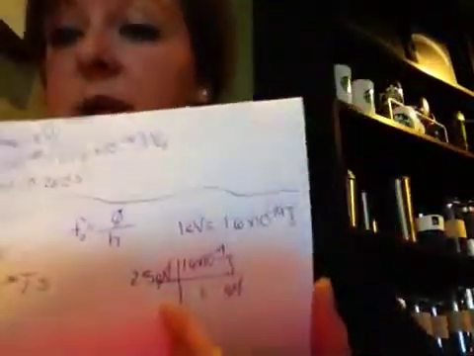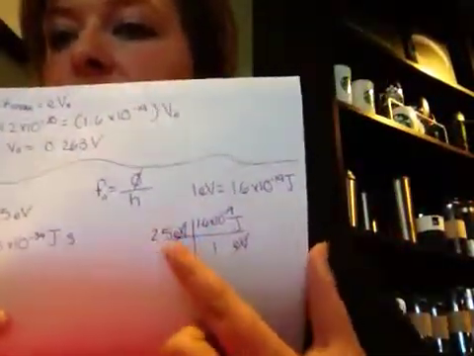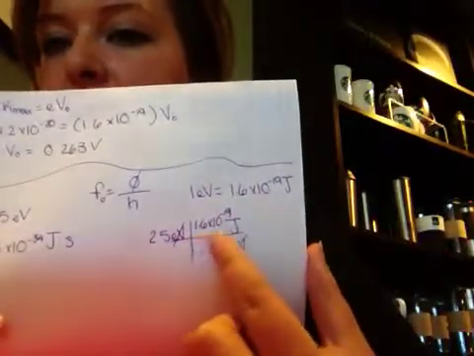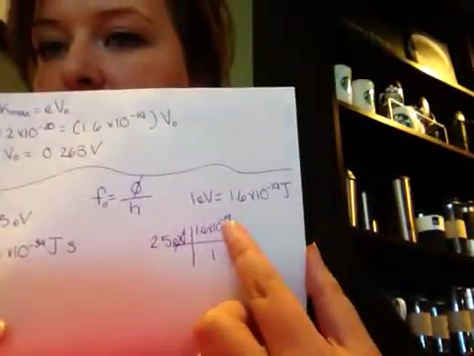So let's set this up. 2.5 electron volts. We want to go to joules. So that means my electron volt needs to be on the bottom because I'm trying to cancel it out. So I know 1 electron volt, there's 1.6 times 10 to the negative 19th joules. So here's my conversion factor. I'm going to take 2.5 and multiply it by 1.6 times 10 to the negative 19.